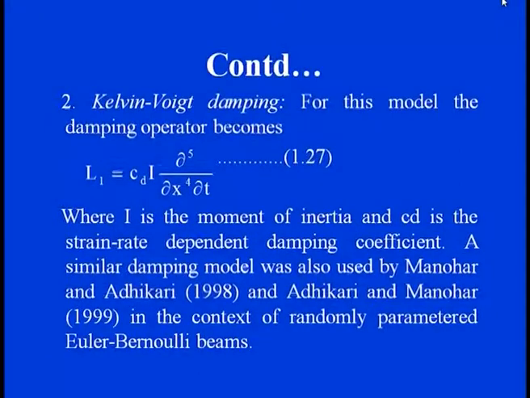This is the model which was further modified by Adhikari and Manohar in various ways for random or other complex situations for the same Euler-Bernoulli beam. And in the third way we have the time hysteresis damping.